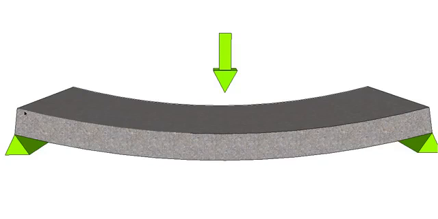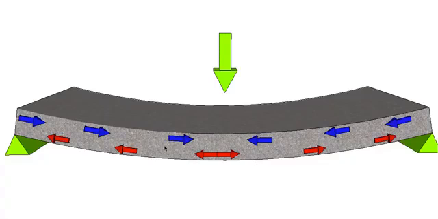So what that does is, because it's now a concave shape, the top of the slab is actually been compressed by the load, and the bottom half of the slab is now in tension because it's actually been made longer.